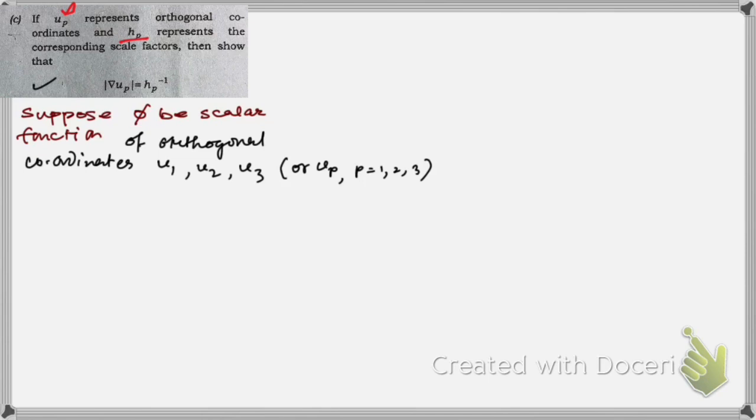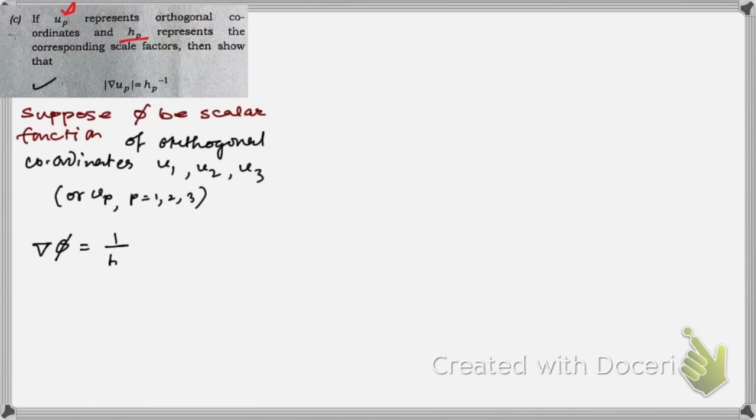So then you see, let me write here, so then we can say that grad of phi is equal to, hope you know this relation, that grad of phi is given by 1 by h1 del phi by del u1 e1 plus 1 by h2 del phi by del u2 e2, then plus 1 by h3.